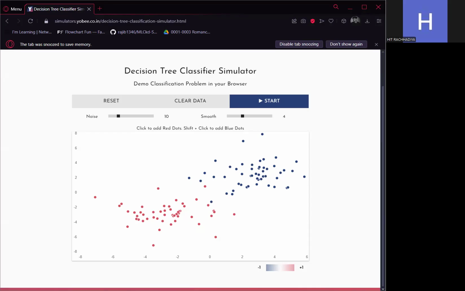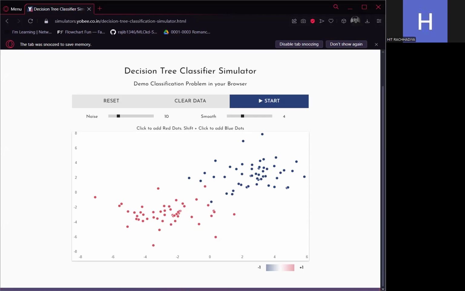For that we have two options. First is Gini impurity, which measures how often a randomly chosen element would be incorrectly classified. And then we have entropy or information gain, which measures the reduction in uncertainty after the splitting.